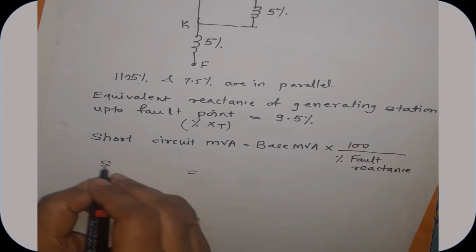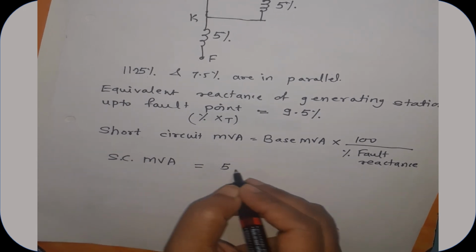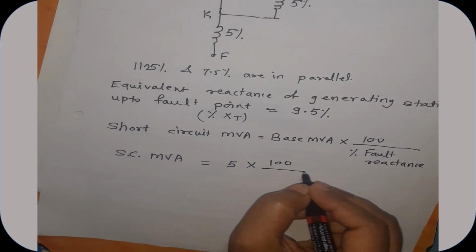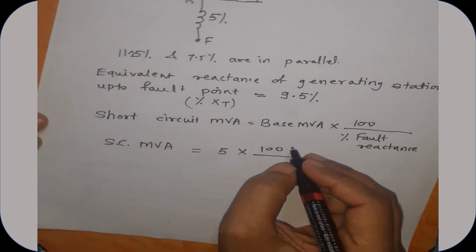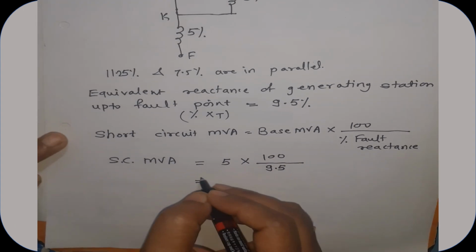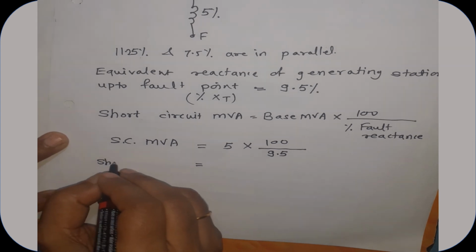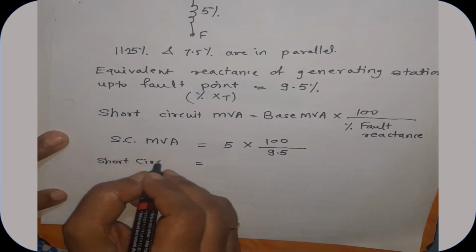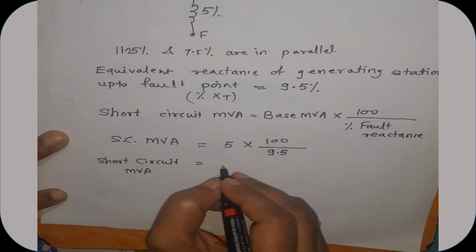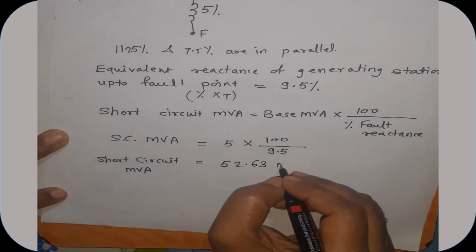So short circuit MVA is equal to base MVA 5 into 100 divided by fault reactance. Its value is 9.5. So just do the calculation. You will get short circuit MVA equal to 52.63.